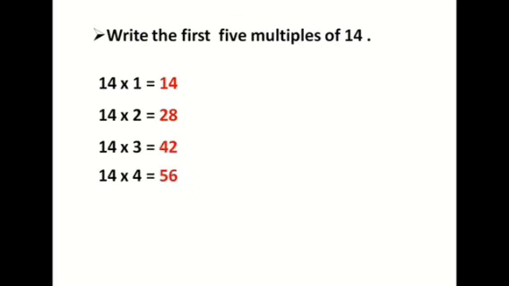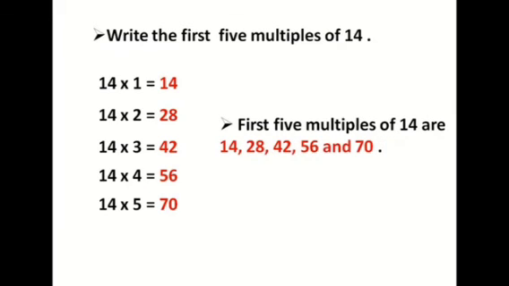Next, 14 fours are 56. Then 14 fives are 70. You should be very thorough with the multiplication tables, because you have to find multiples. So you can write down the answer. The first 5 multiples of 14 are 14, 28, 42, 56 and 70.